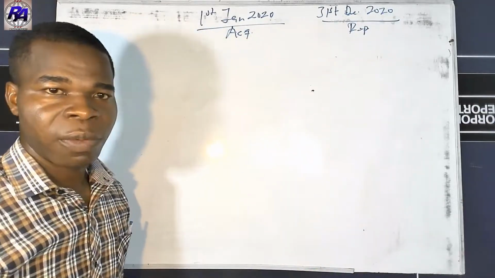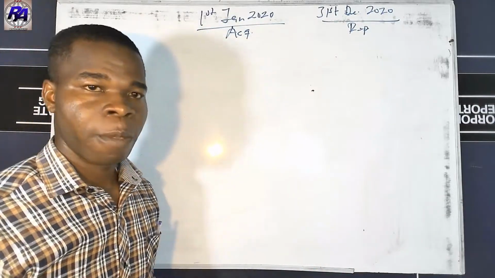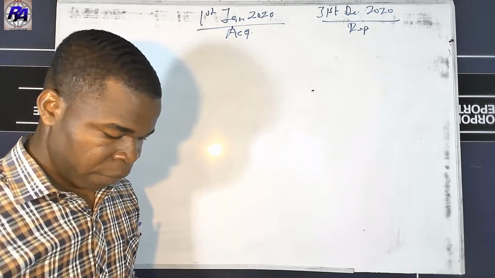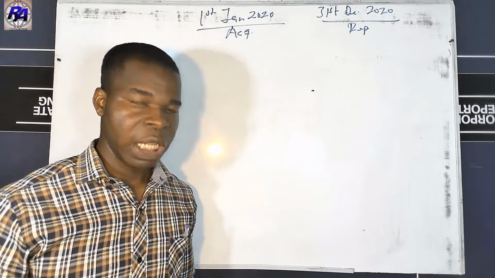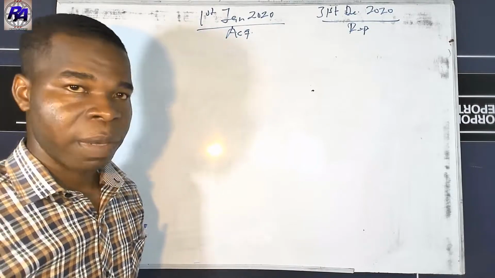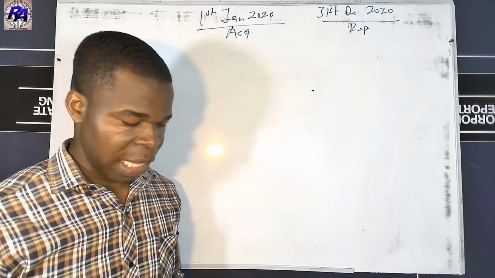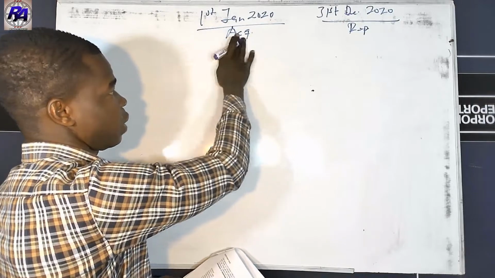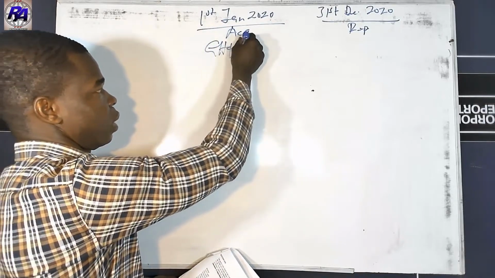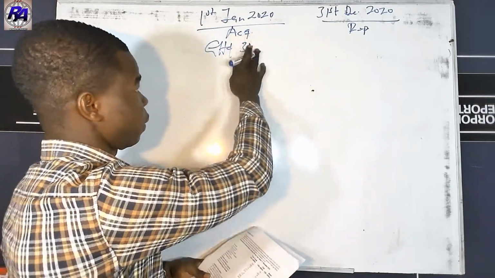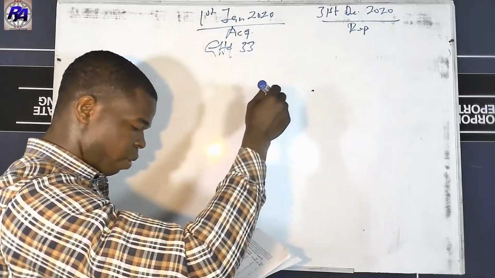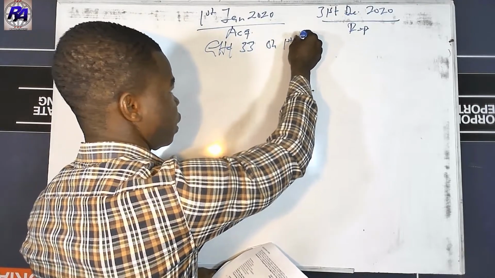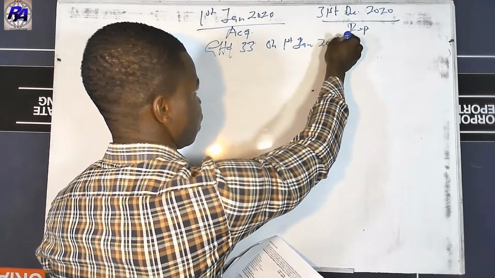Now let's look at how the entity, Staffo, paid for the consideration. We were told that Staffo agreed to settle the consideration in 2 unconditional installments as follows. They are going to make a cash payment of 33 million, using the Ghana cedi, on 1st January 2021.